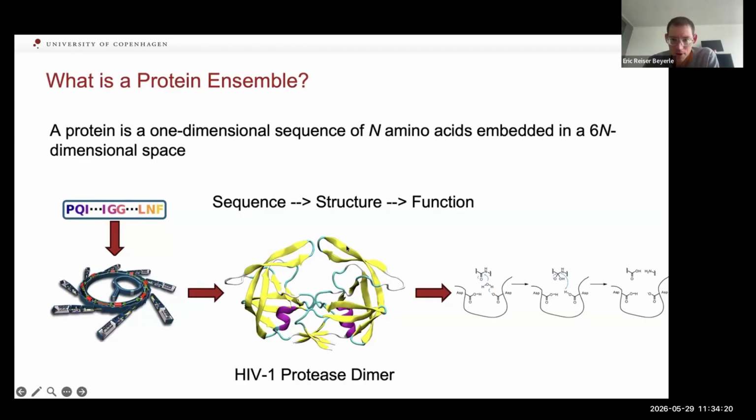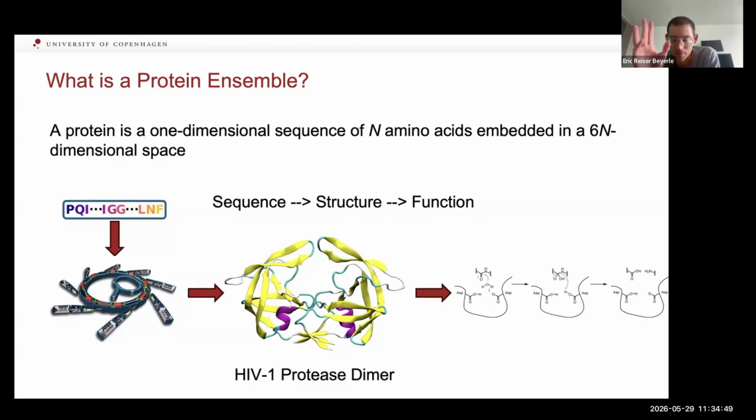The example protein I've shown here is HIV protease dimer. HIV is a retrovirus, and when it infects a cell, it expresses its genome. It basically hijacks the cell's replication machinery. It uses reverse transcriptase to go from RNA to DNA, and then the DNA is expressed by the cell.